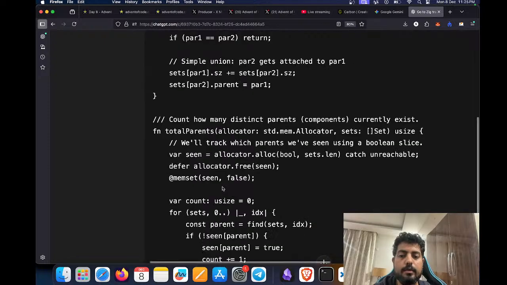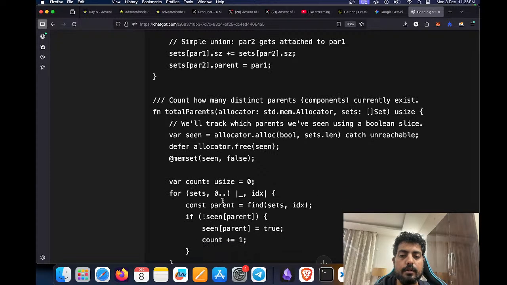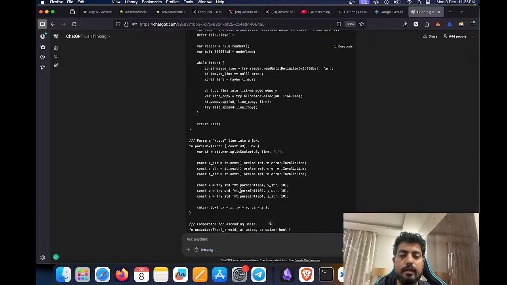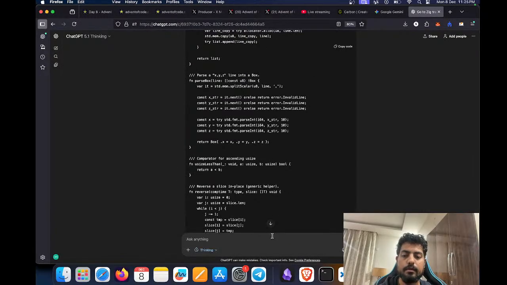So you can see how it's using the allocator to dynamically allocate the memory and then it frees the memory once this function is over. And also, I don't know what the at-the-rate functions are. I'll ask ChatGPT here. So what are the at-the-rate functions and how do I init and run this program?